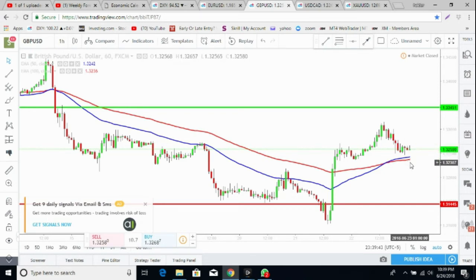Otherwise, if it drops and closes below the 100 moving average, then it's a sell. So I will sell from here at 1.3217. Just make sure you have a tight stop loss. So looking at the targets, 1.3345 for the maximum, and if it drops, then it can drop to 1.3144.